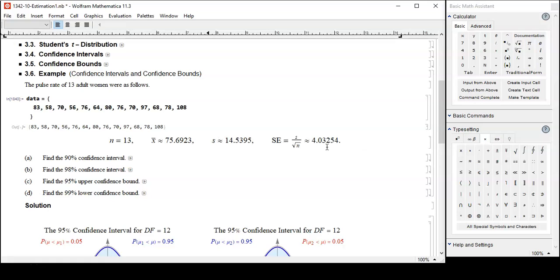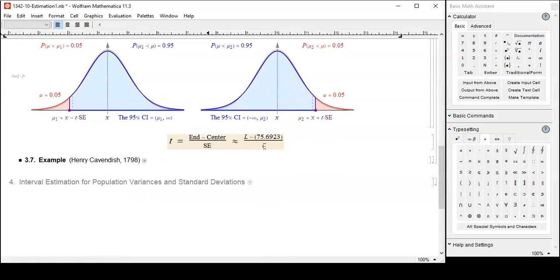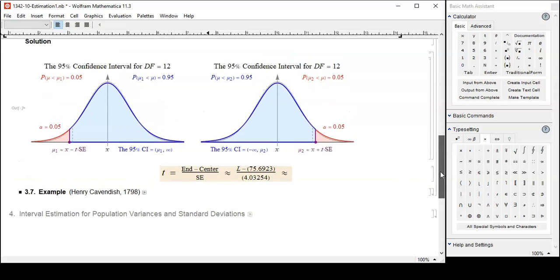So this is the standard deviation over the square root of 13. So that's my standard error. We did this computation previously, so I'll just use that. And that is going to be approximately the same as the t-score.